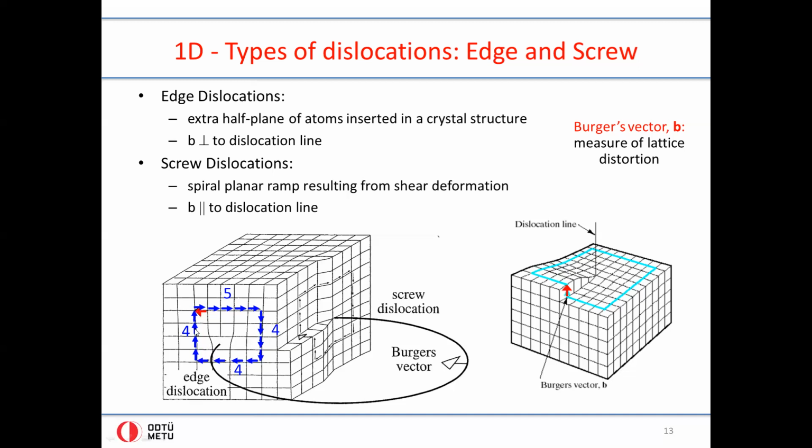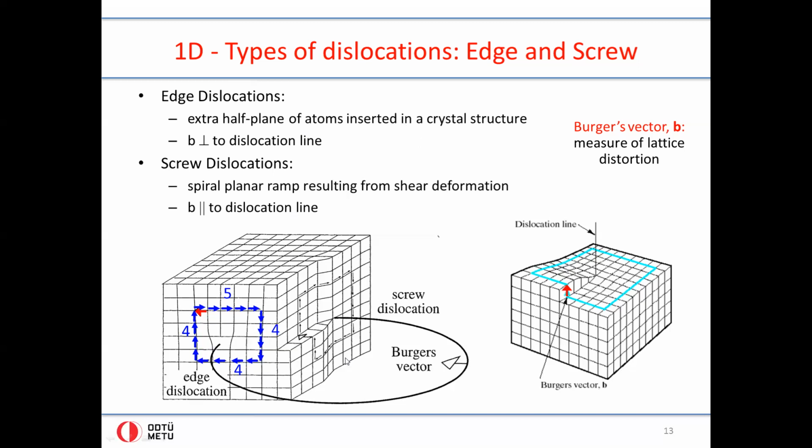So this series of atoms continues, but this one does not continue. There's no continuation of this line below the dislocation here. So then this is referred to as an extra half plane. Here's the half plane, because this is the top and side of this two-dimensional plane inserted into the crystal structure.